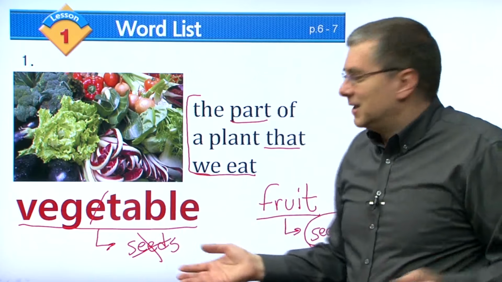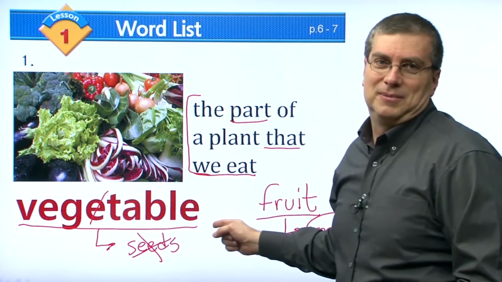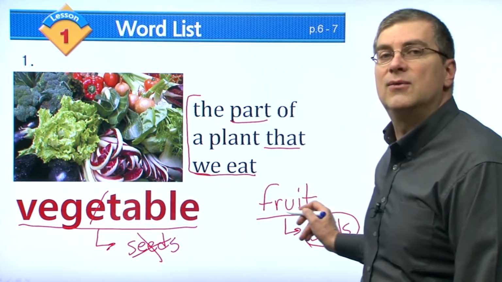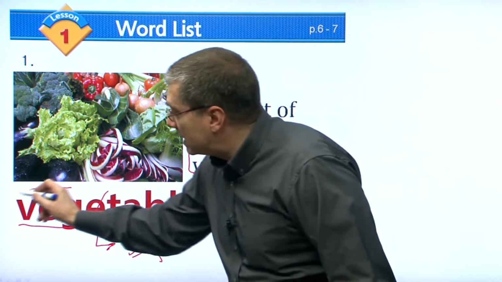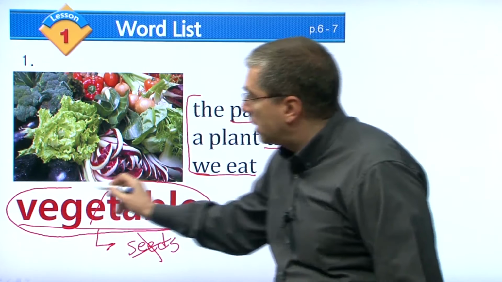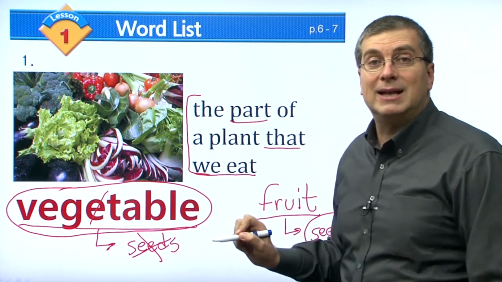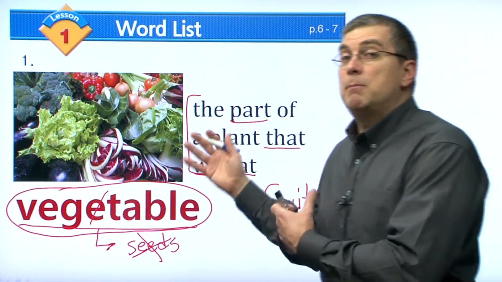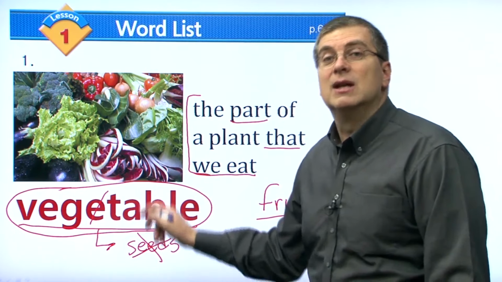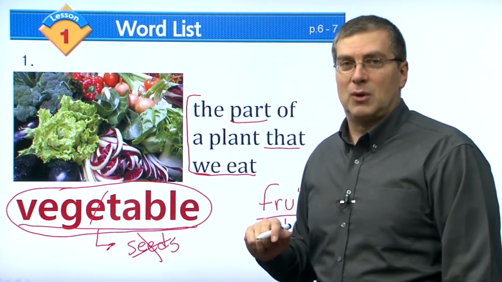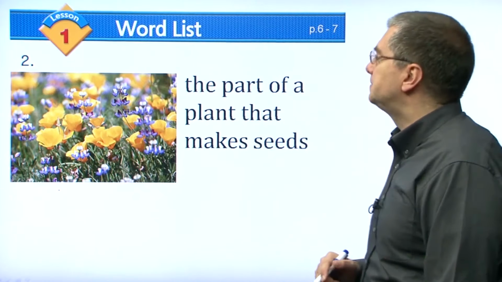There are no seeds. Carrot is a vegetable, okay? So that's how you know the difference between vegetable and fruit. But mostly in this lesson, we will talk about vegetables. The parts of the plant that we eat, many parts don't have seeds. So mostly, we will talk about vegetables. Okay, let's go to the next word.